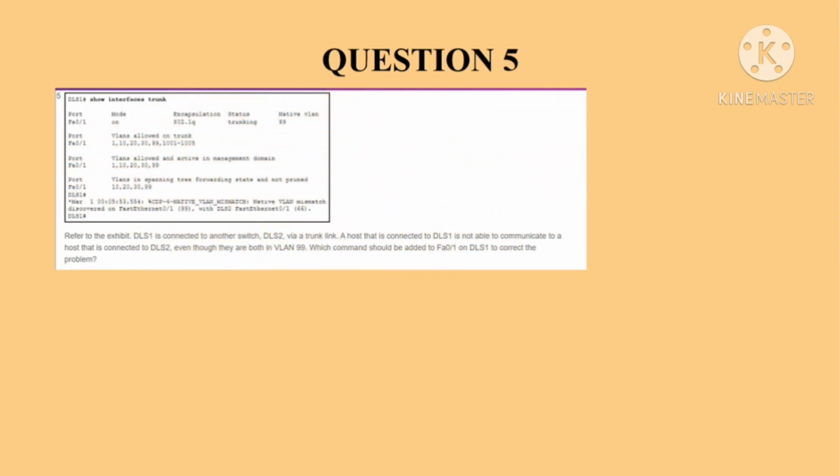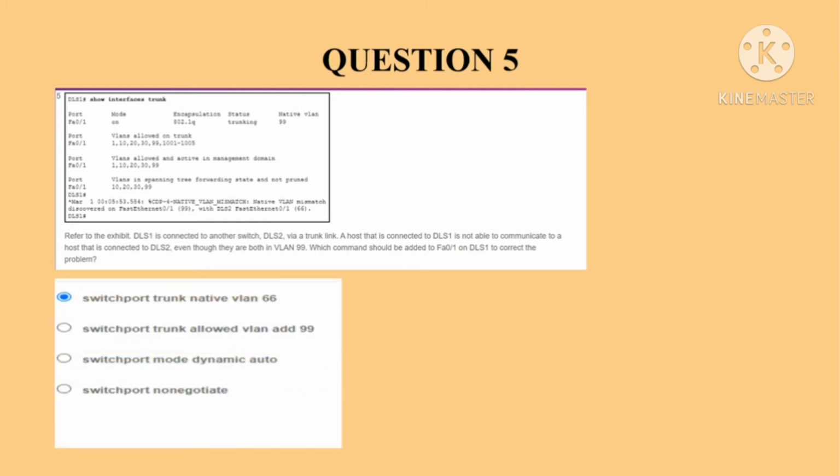The LS1 is connected to another switch, the LS2, via a trunk link. A host that is connected to the LS1 is not able to communicate to a host that is connected to the LS2, even though they are both in VLAN 99. Which command should be added to F0/1 on the LS1 to correct the problem? So the answer for this is switchport trunk native VLAN 66.